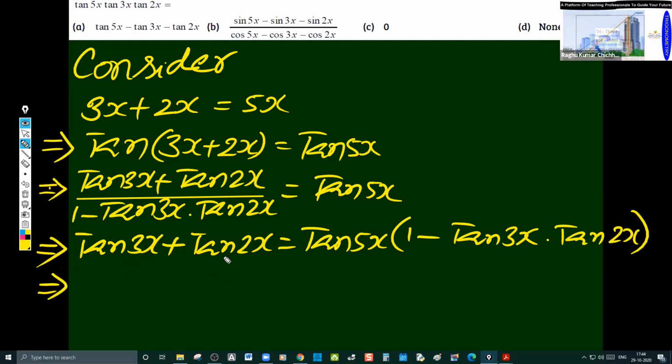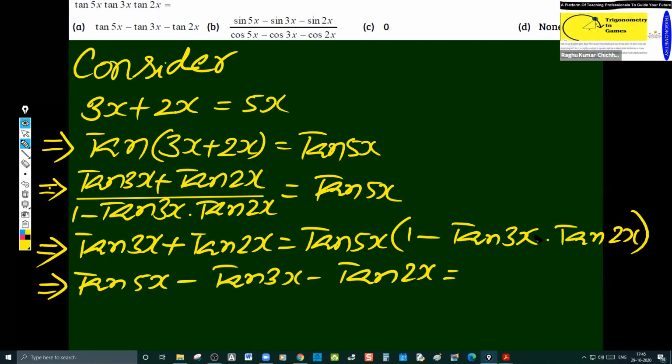Then bring this to the other side, and the product to the other side. Then tan 5x into 1 is tan 5x, minus tan 3x, minus tan 2x, and bring this product to the other side, becomes tan 5x tan 3x tan 2x.